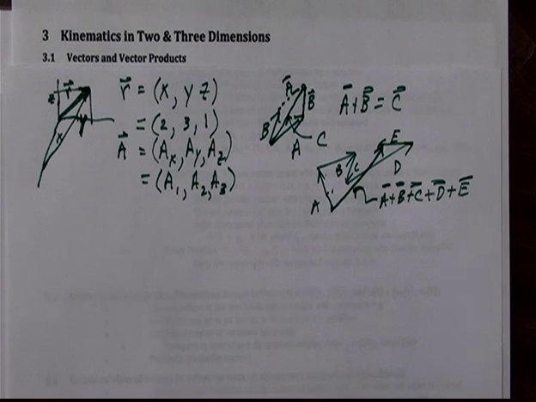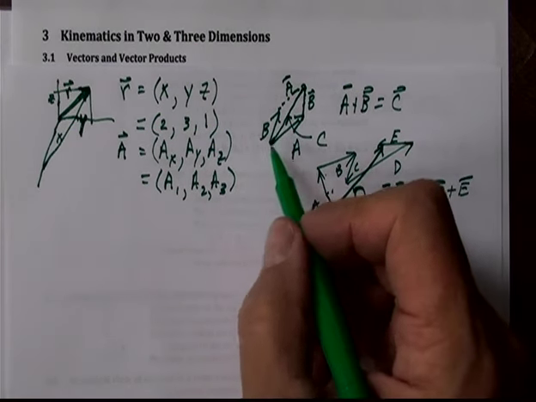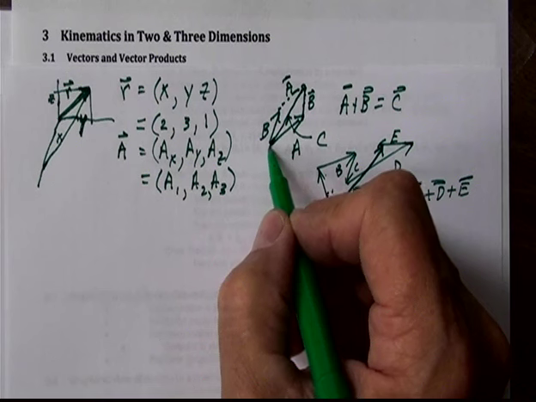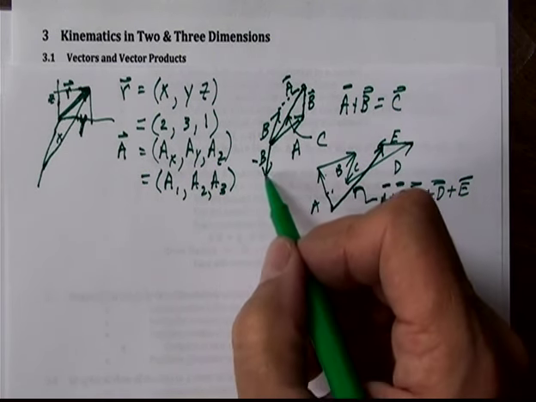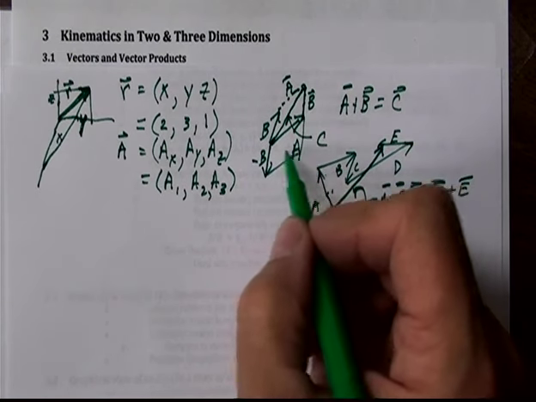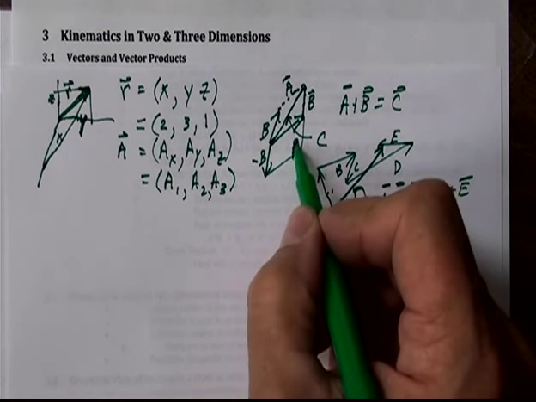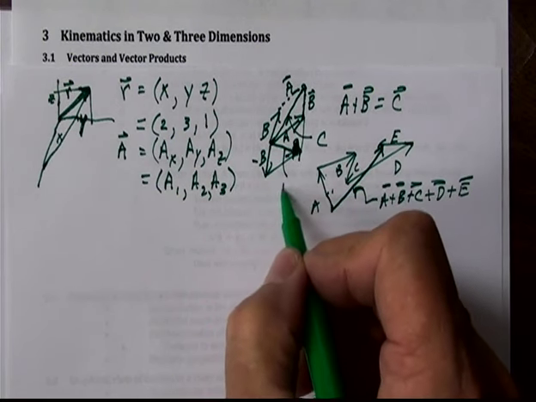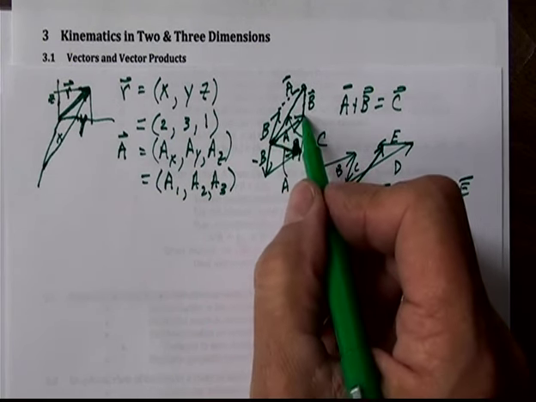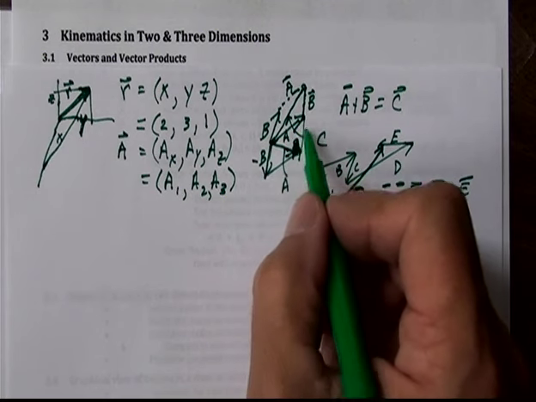Now, if I have a vector that is the negative of another vector, it simply goes in the opposite direction. For example, the vector minus b in this diagram would go in this direction. And I can talk about a vector a minus b. That's the vector a. So this is the vector here, a. I've added the vector a to the vector minus b.